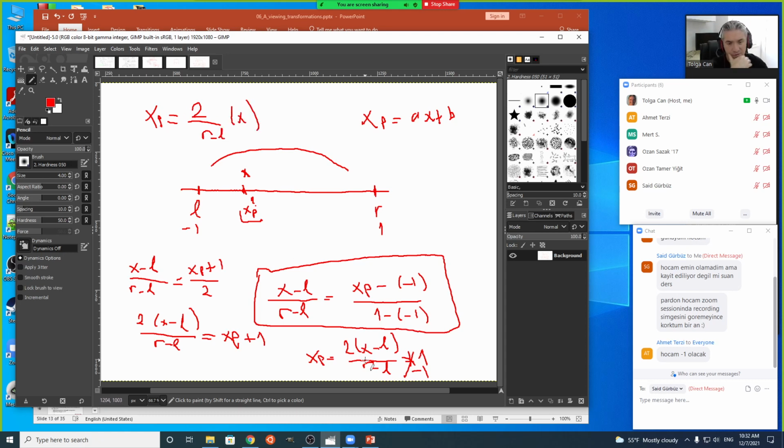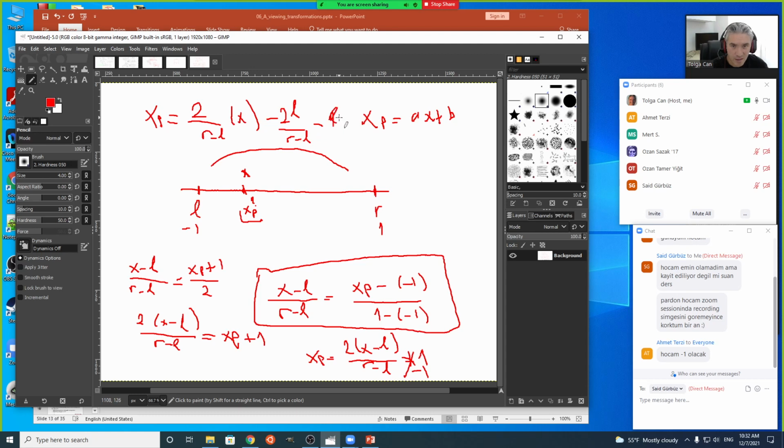Then what do I have here? Minus 2L divided by R minus L, and plus, minus 1. This minus 1, I can write it as L minus R divided by R minus L, right?